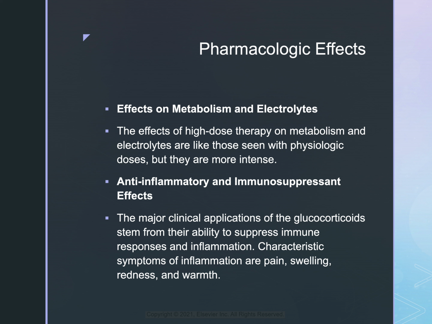Let's review the process of inflammation. In inflammation, we have pain, swelling, redness, and maybe warmth to the area. This is all initiated and put into play by our prostaglandins, histamines, and leukotrienes. We call these chemical mediators. They become amplified by neutrophils and macrophages, remembering that those are variations of lymphocytes and phagocytic cells.